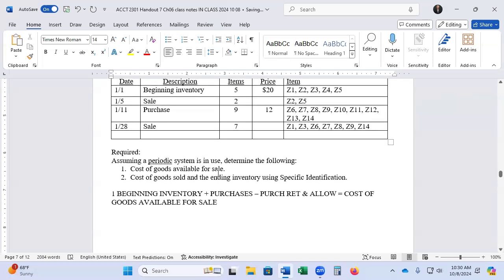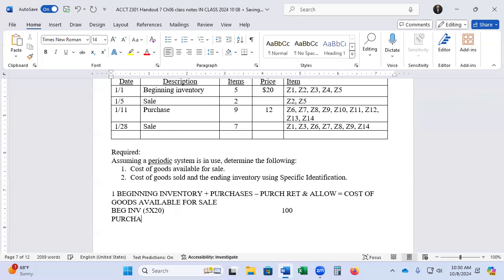So our beginning inventory, I'm going to multiply 5 times 20. And so that's 100.